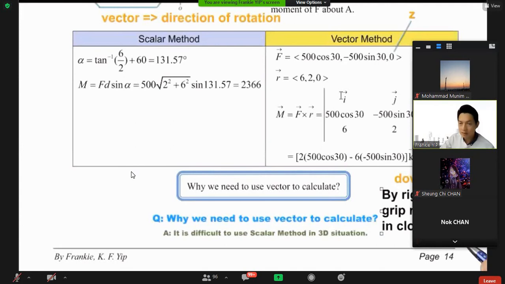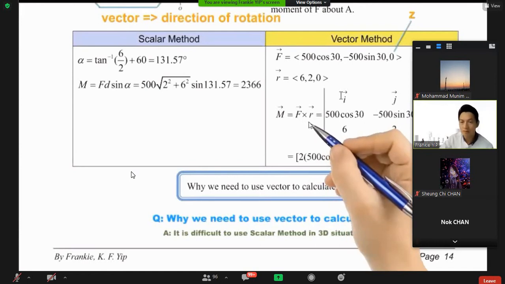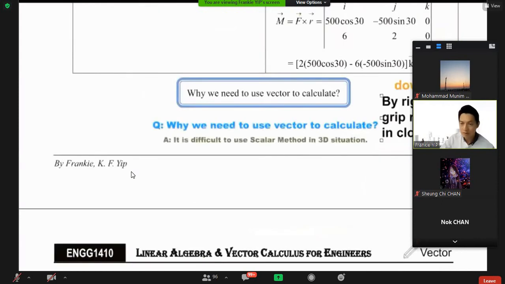What I mentioned is that because this is positive, that means they are pointing downward. But how can I know whether it's pointing downward or upward? Because I put F cross R. By the right-hand grip rule, F cross R. So let's see.